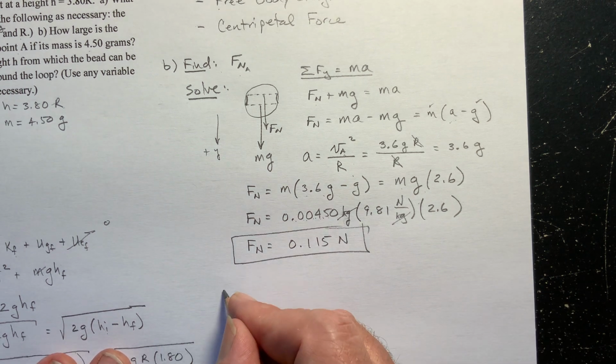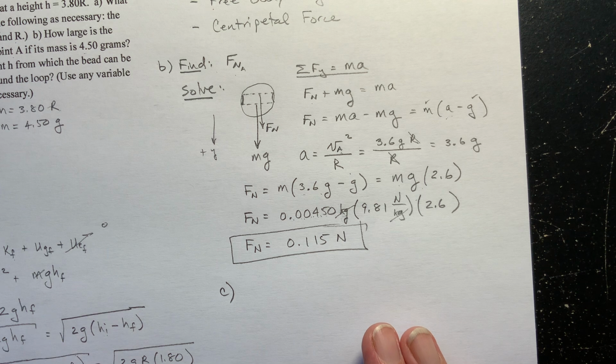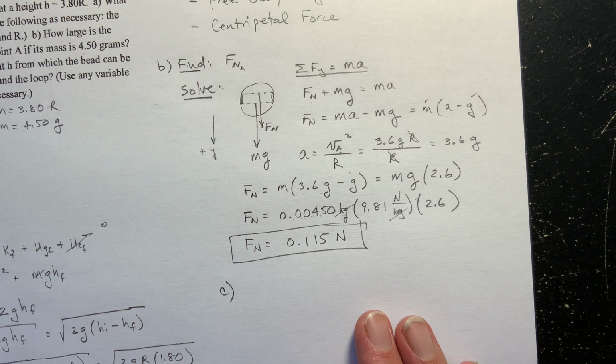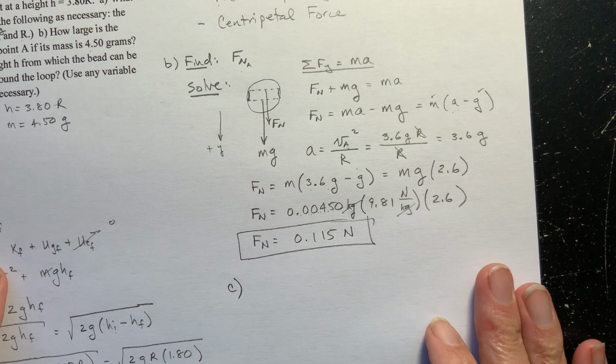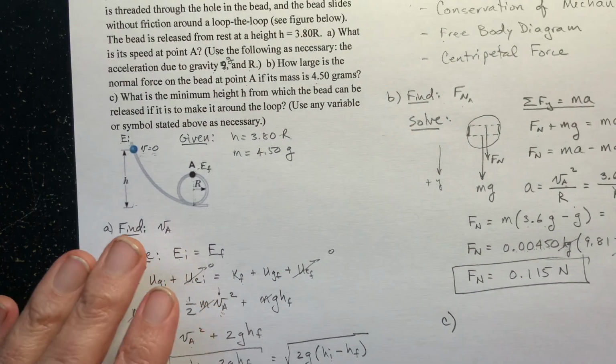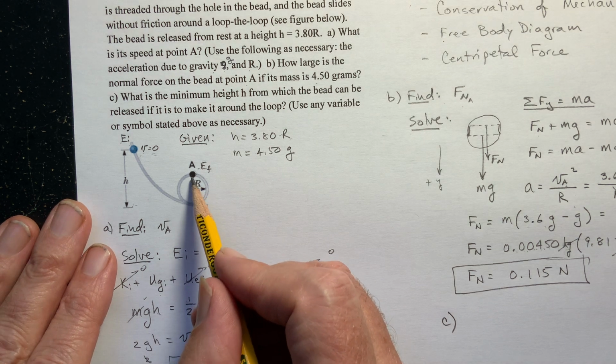Now let's do part C. I think I can fit it into this corner right here. So what they want is, what is the minimum height so that this thing will make it around the loop?